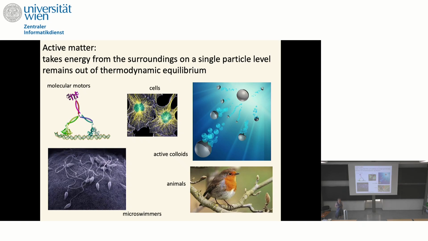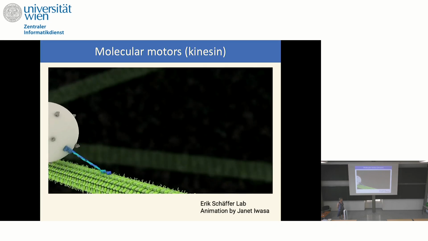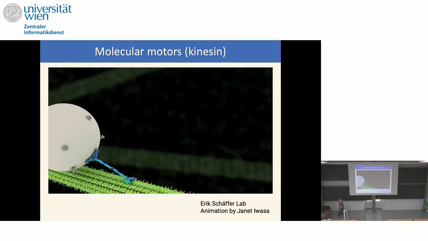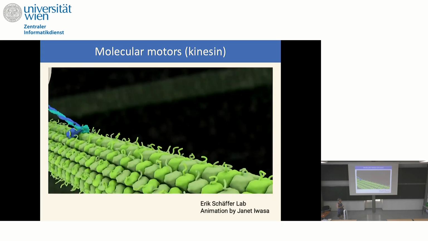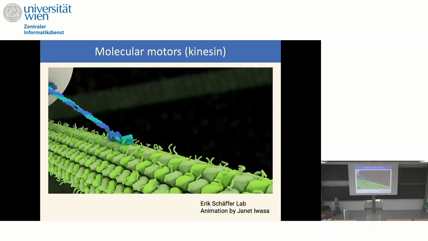Let me start with some gentle movies to introduce the idea of active turbulence and the sort of systems where you see active turbulence. So this is the latest about how motor proteins move along microtubules. This is a computer rendering, but it's based on proper science.